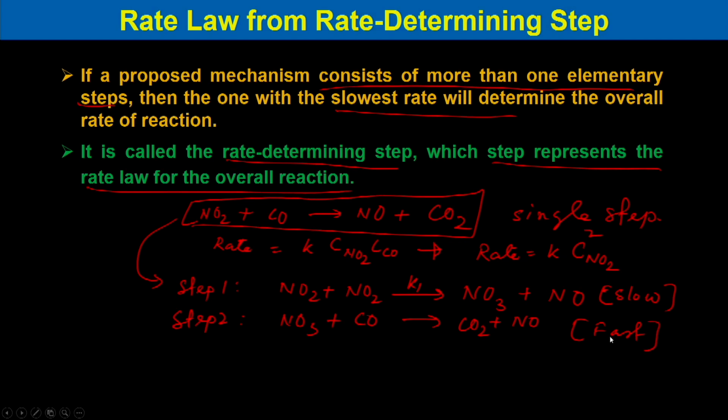So, this is the rate determining step. So, from here we can write the rate is equal to K into concentration of NO2 squared.